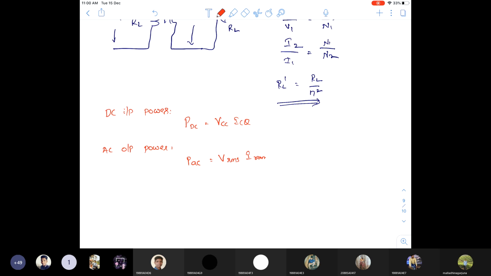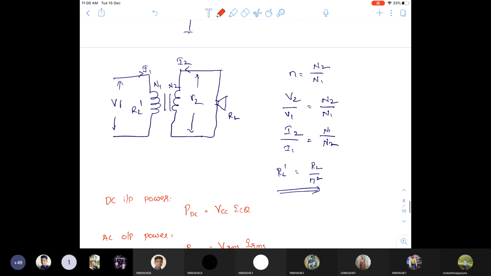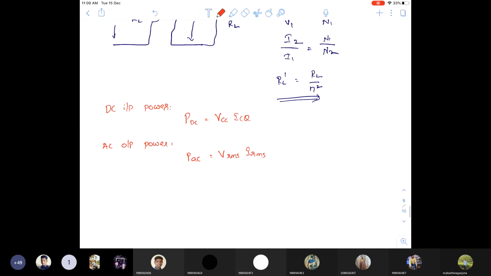Okay, so now here there are the primary and secondary only. In the transformer, this is the primary and this is the secondary. So the voltages we take are the primary voltage V1 RMS and I1 RMS. V1 RMS is the primary RMS voltage.